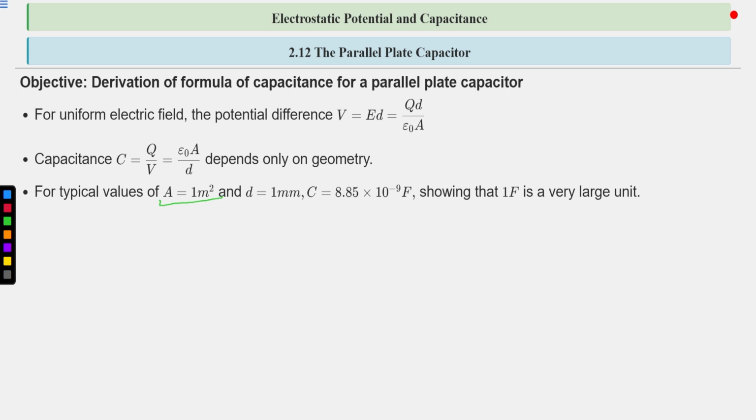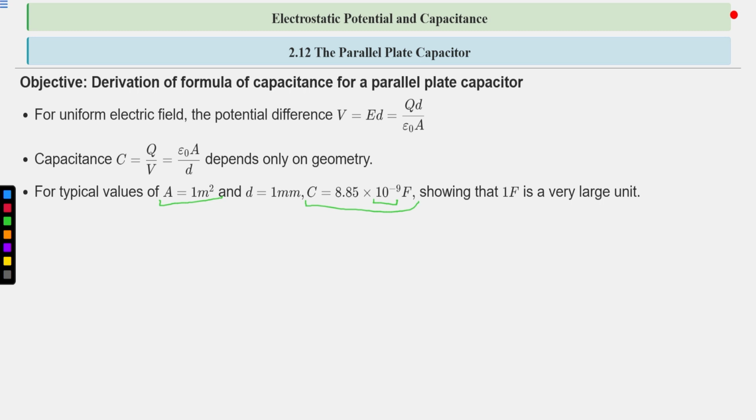Even for that, with large area and small d, capacitance is of the order of 10 to the power minus 9 farad, which is very, very small. As we discussed yesterday, farad is a very big unit. In this chapter, we will only take microfarad or nanofarad or picofarad. We will never take 1 farad.